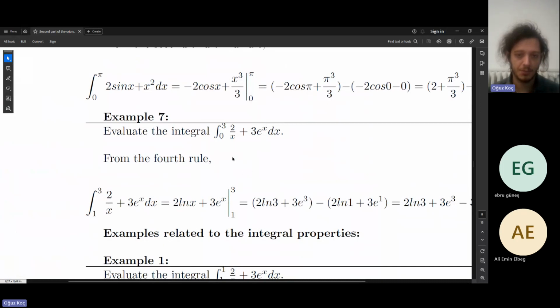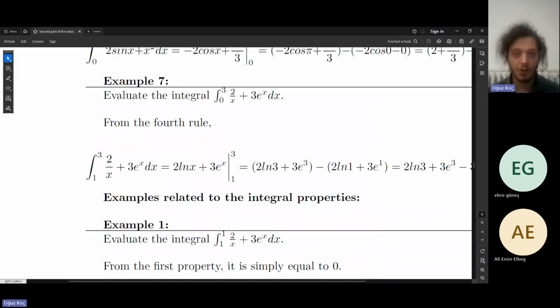we already mentioned previously, the integral of 1 over x is simply the natural logarithm of x, and we have coefficient 2, so it becomes 2 times the natural logarithm of x. And we know that the integral of e to the x is equal to itself.